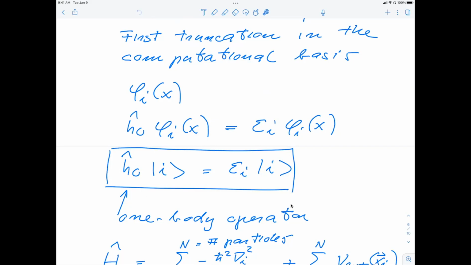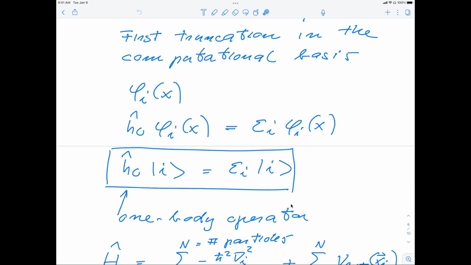We have X, and in our case, this is now a single particle wave function. When I use a lowercase letter for the operators, this means it's a one-body operator. So this acts on one particle at a time. And if you think of the harmonic oscillator, you know that you have analytical answers for the energy, and you also have analytical answers for the eigenstates.